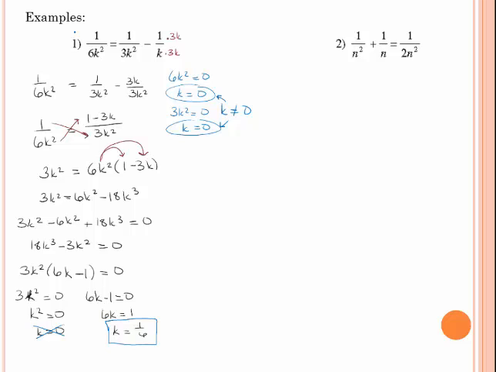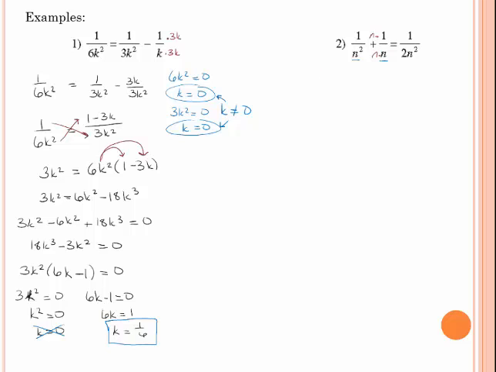Okay, let's look at our next example. I have 1 over n squared plus 1 over n is equal to 1 over 2n squared. I need to make these denominators match. In order to do that, I want to turn this n into an n squared. So I multiply by n to the numerator and the denominator.